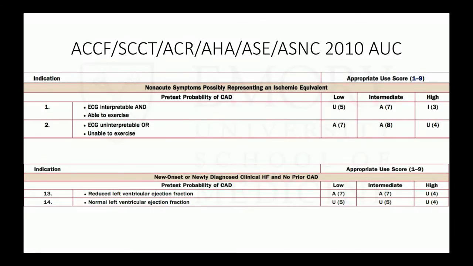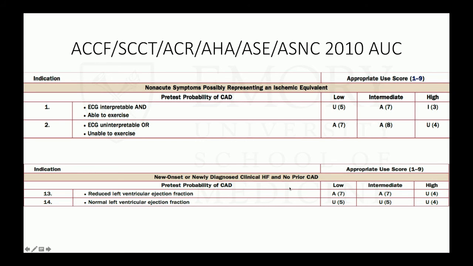And so to review the AUC in the context of stable CAD, among low to intermediate risk patients with stable chest pain, it's essentially considered appropriate. It's uncertain in that cohort where you have low pretest probability, an interpretable EKG, and they're able to exercise.